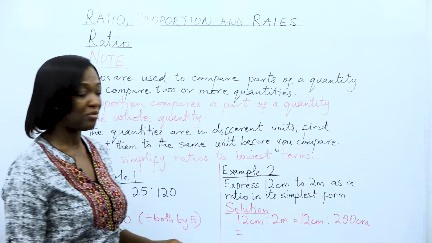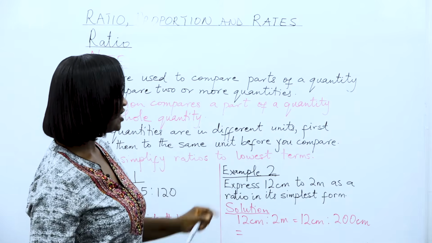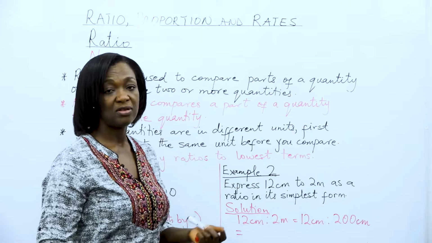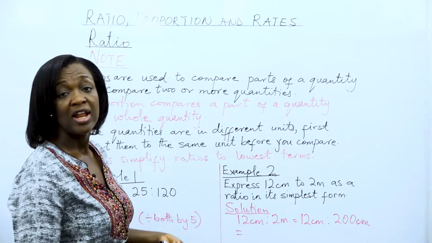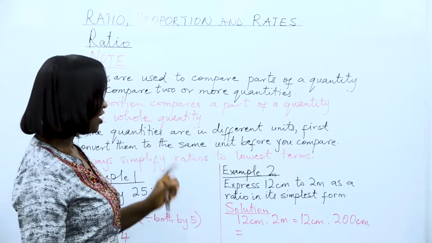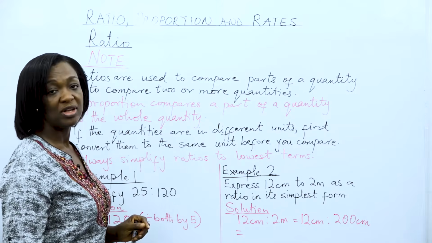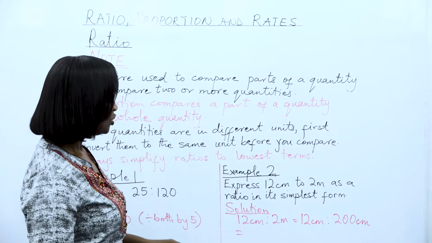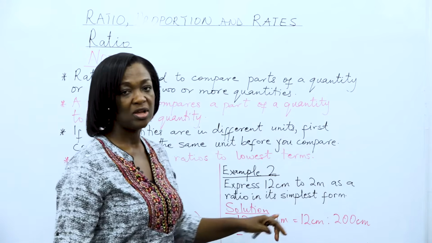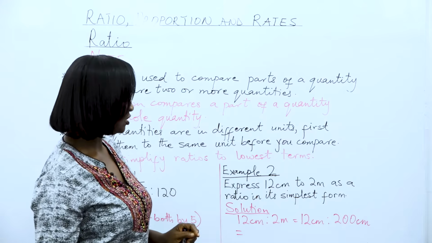In the second example, it says express 12 centimeters to 2 meters as a ratio in the simplest form. Here, like we said earlier, if the two quantities are in different units, first convert them to the same unit before you compare. So we'll need to change the 2 meters to centimeters so that both of them can be in the same unit.